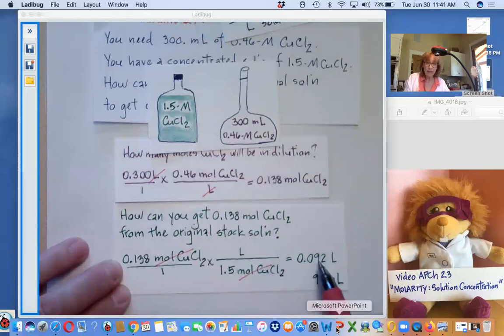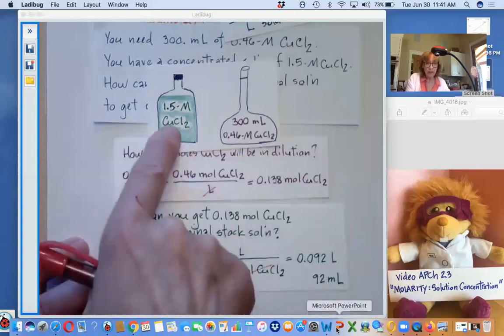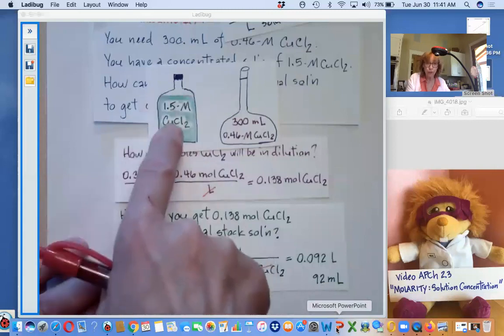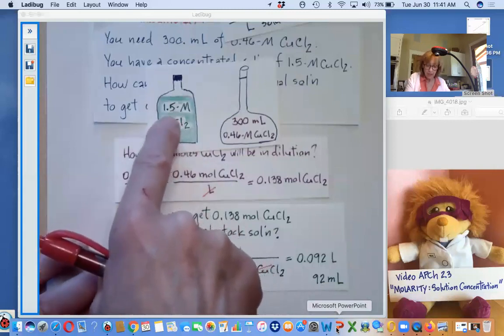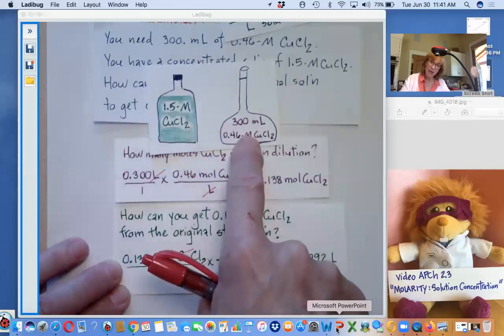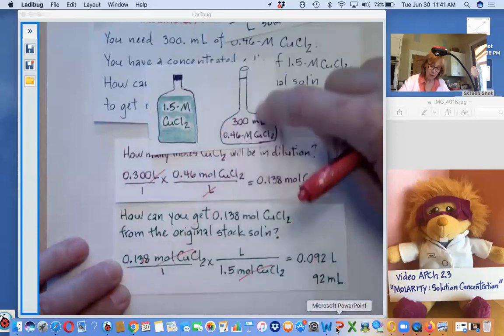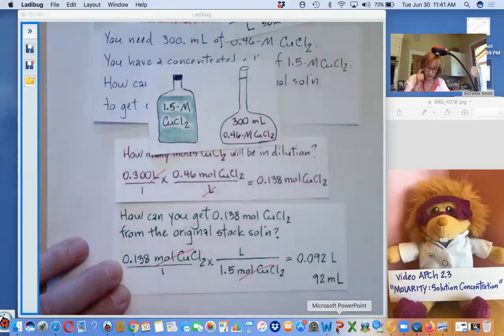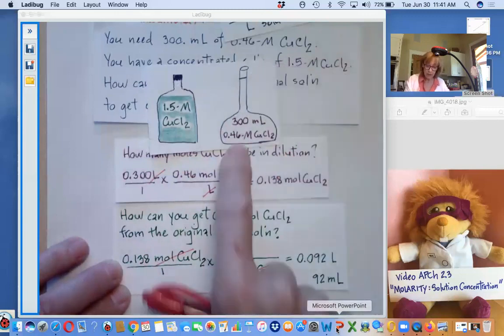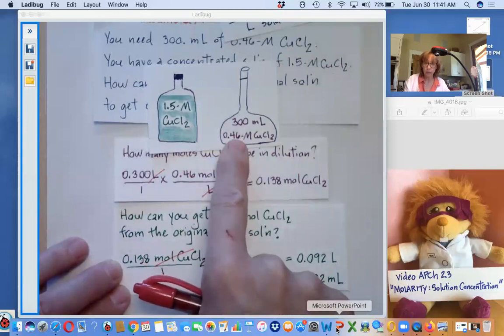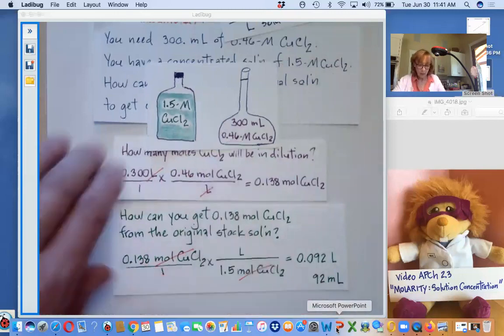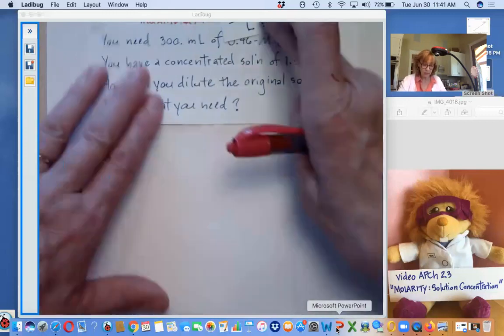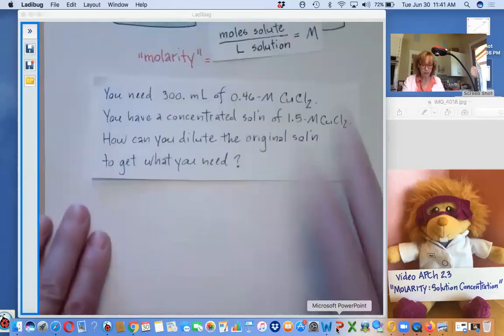And my final answer is 92 milliliters. So if I pour 92 milliliters of this concentrated original solution into my empty flask, and then I continue to add distilled water until my total volume of solution is 300 milliliters, that will give me a dilution that is 0.46 molar.